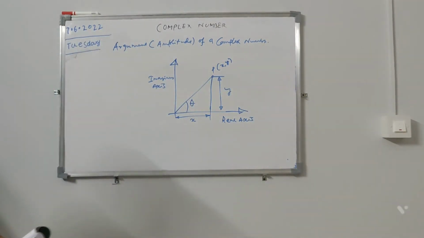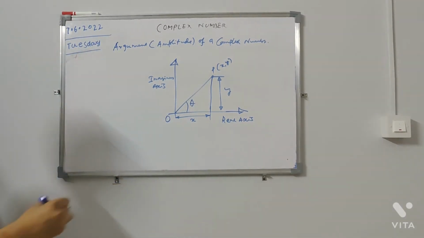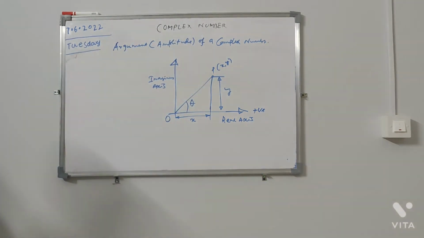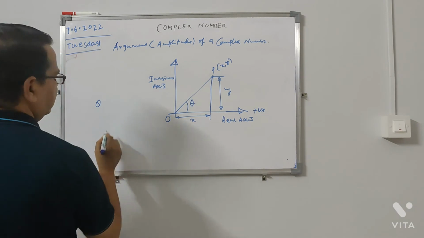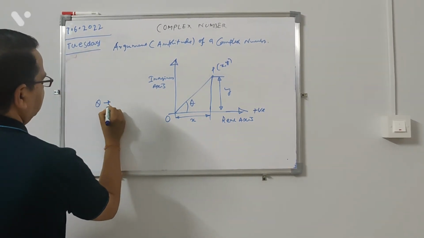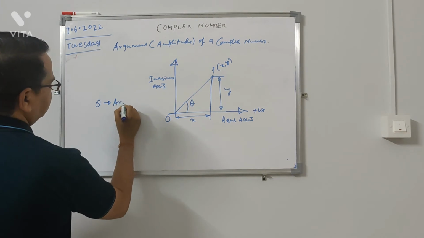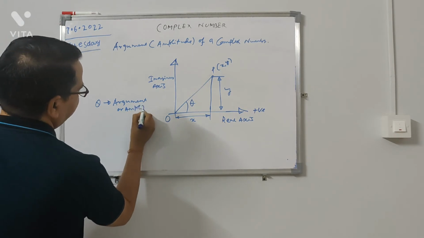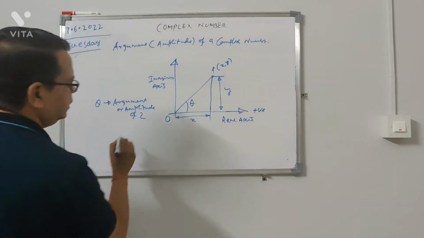So this is my O. The angle theta which OP makes with the positive direction of the real axis is called the argument or amplitude of z.